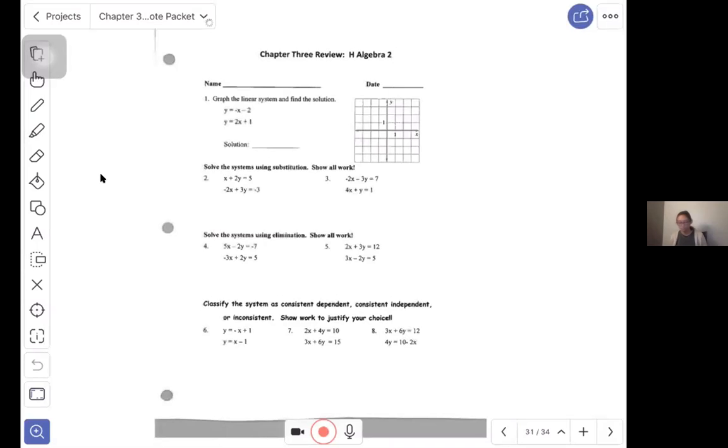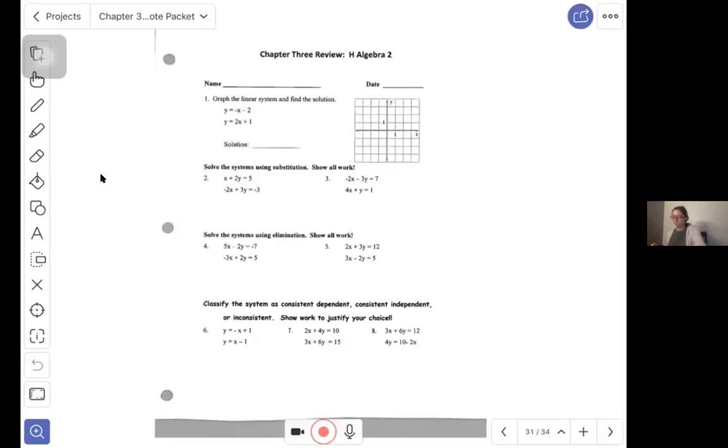You can hang on, ask questions, or just work independently. Once someone sees the review worksheet, let me know it's on there. It's on there. Cool, thanks, Faith.